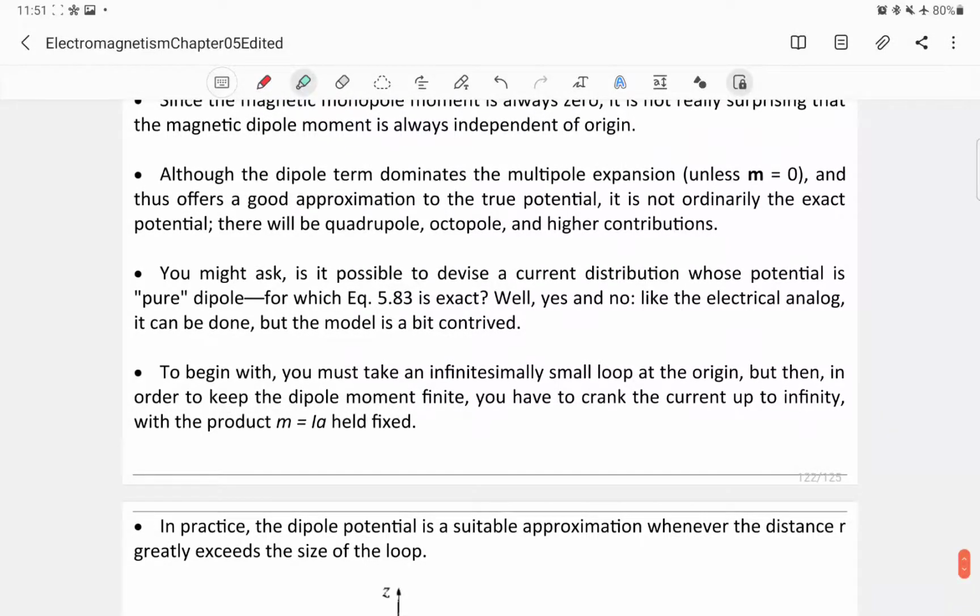The answer is, well, yes and no. Like the electrical analog, it can be done, but the model is a bit contrived. To begin with, you must take an infinitesimally small loop at the origin, but then in order to keep the dipole moment finite, you have to crank the current up to infinity with the product m equals IA held fixed.